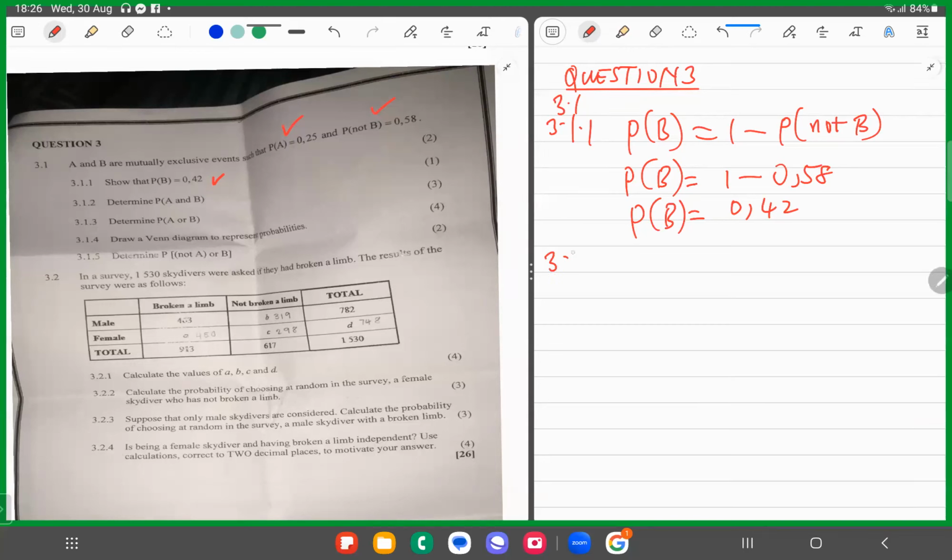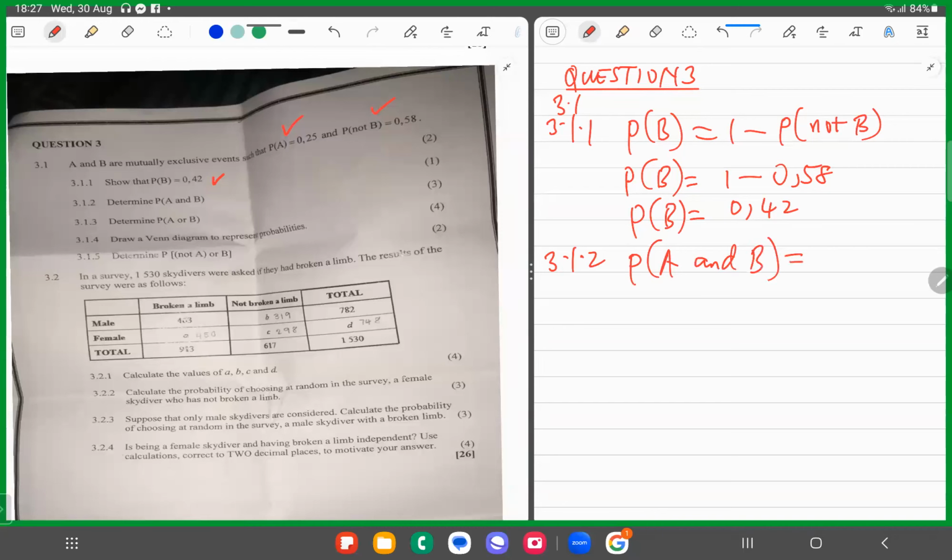Right, so the next thing is to look at 3.1.2. Determine the probability of A and B. So what is this probability?